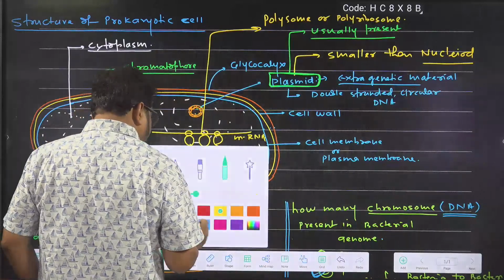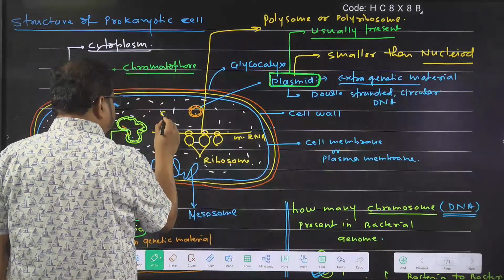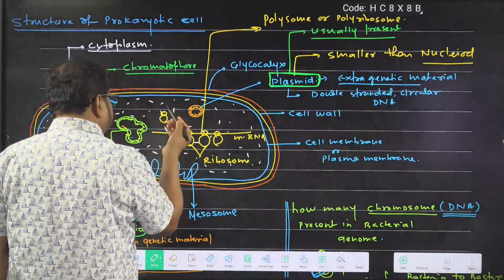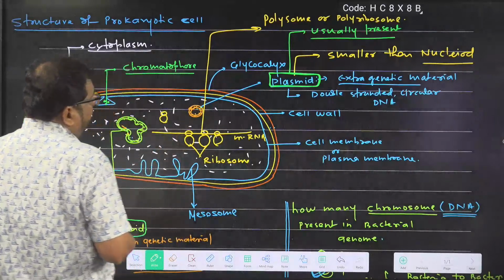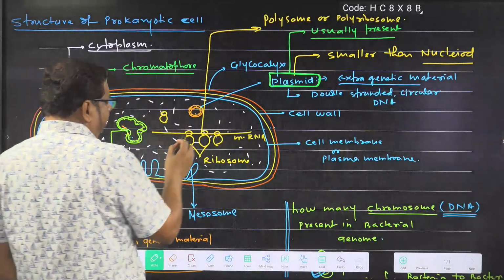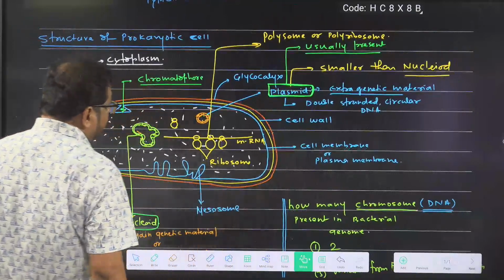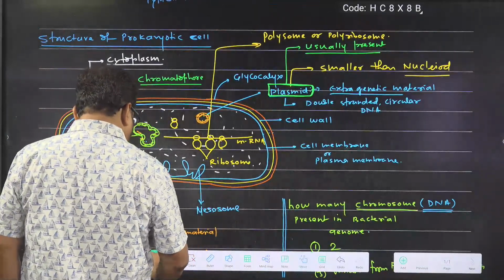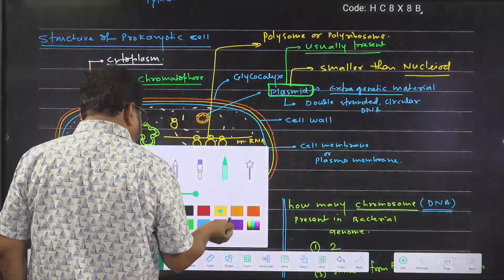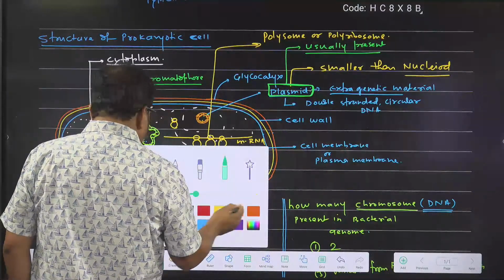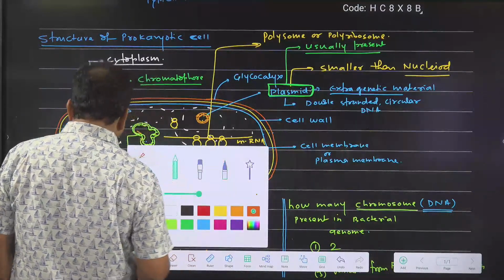Free ribosomes are also present. It is not necessary that every ribosome is attached with mRNA itself. Getting the things or not? When many ribosomes are attached with mRNA, messenger RNA, which is a type of RNA, I will teach you later, it is called polyribosome.